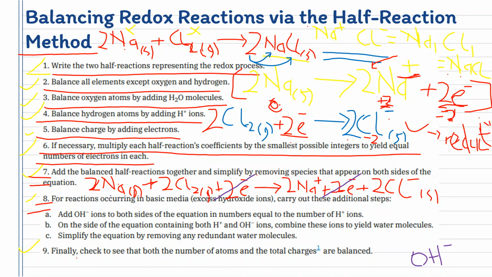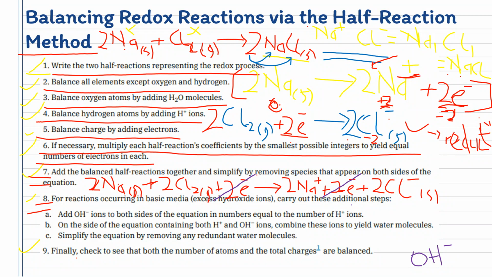Sodium is balanced. Cl is balanced. And now these charges already cancelled out. So, ta-da! We have a balanced redox reaction. And finally, we are good to go.